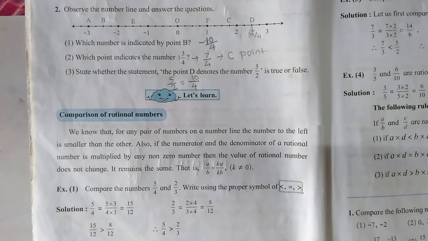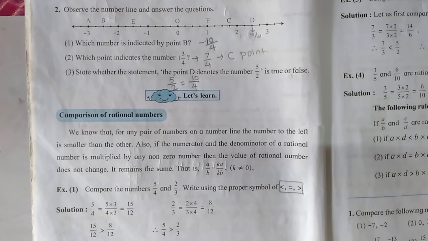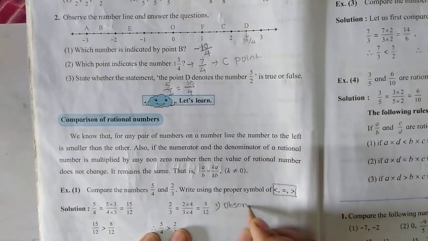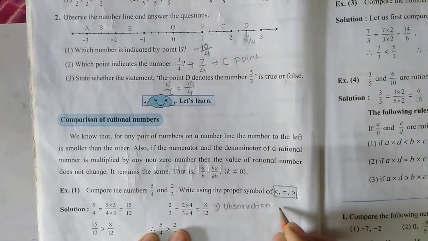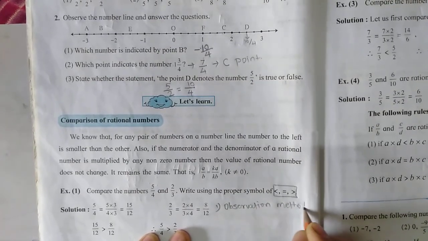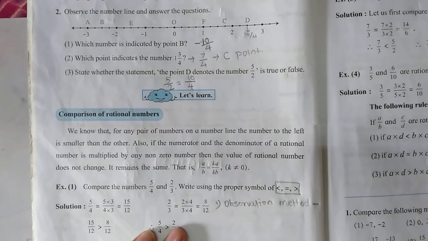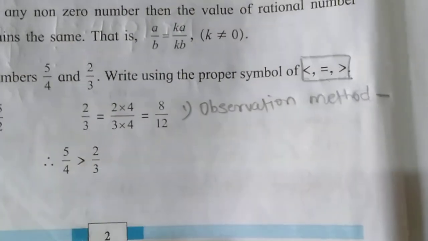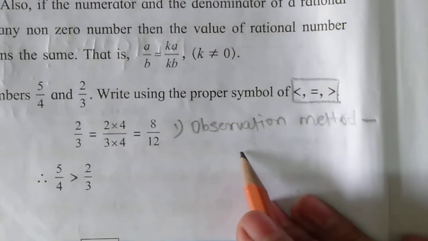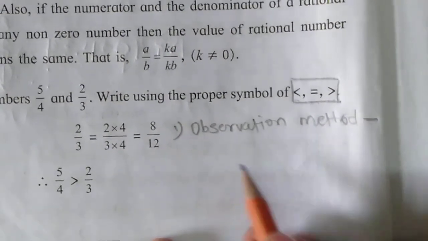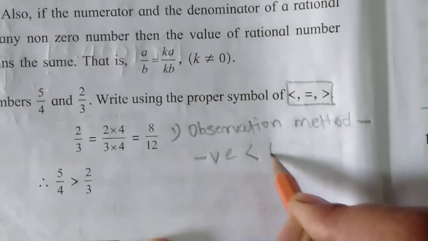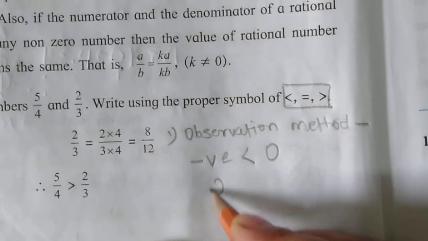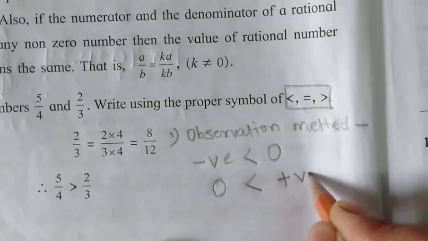To compare rational numbers, there are three methods. First is the observation method. We know that all negative numbers are less than 0. 0 is less than all positive numbers.